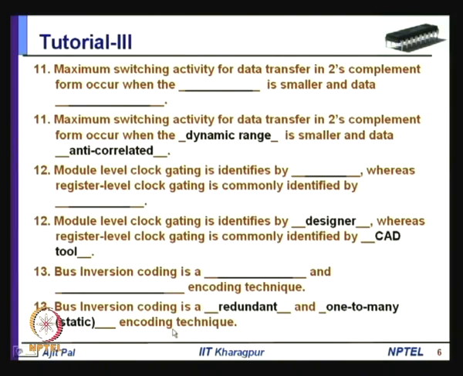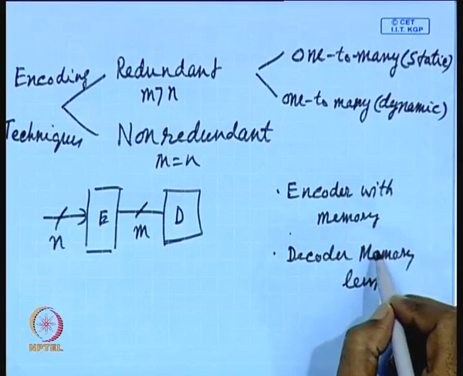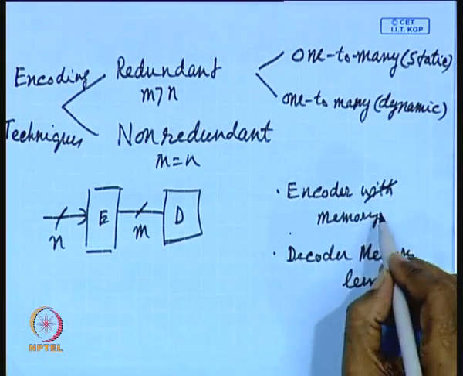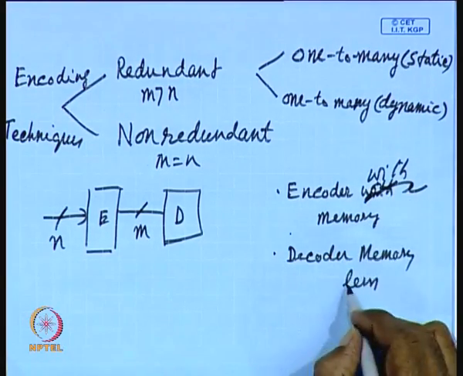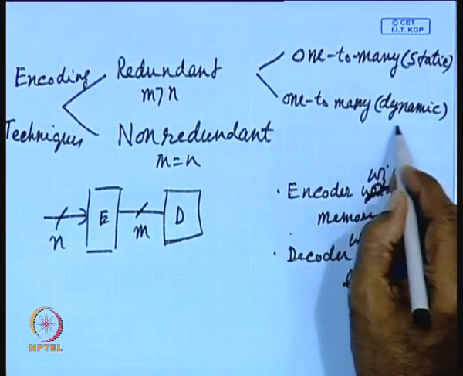On the other hand, you may require both the encoder and decoder to have memory. So, sorry, this is the encoder with memory and decoder also with memory. In such a case, we call it one to many dynamic.